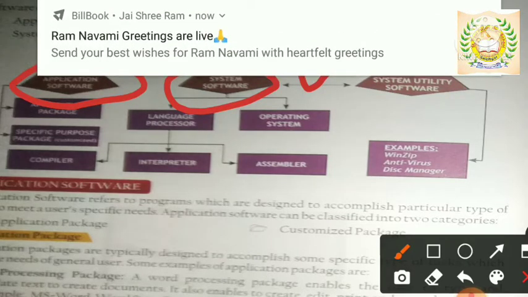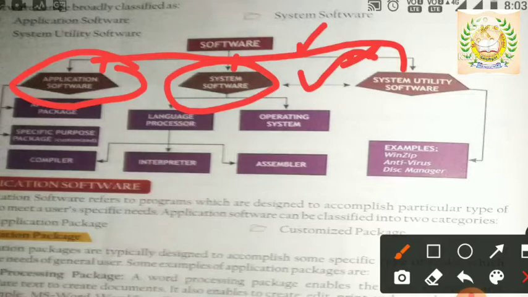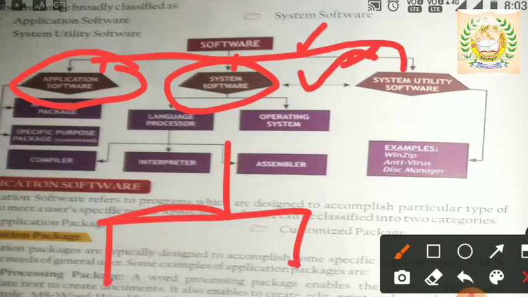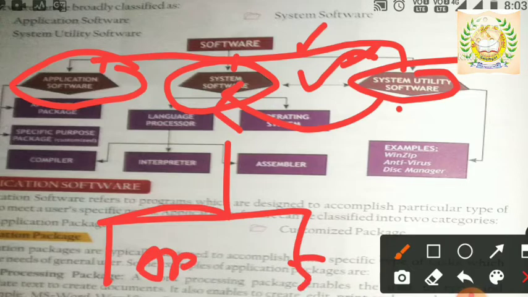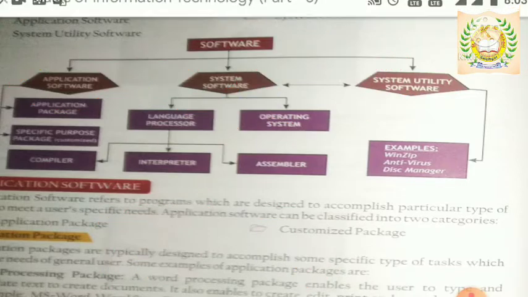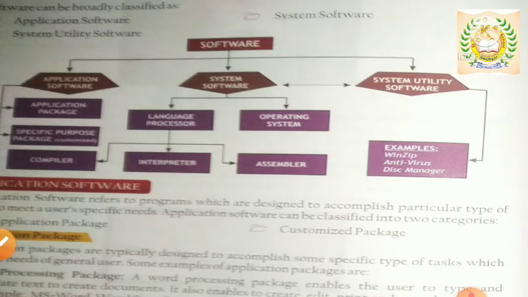So if anybody asks how many types of software there are, there are only two types, because this is part of this. So application and system software are the two types of software.